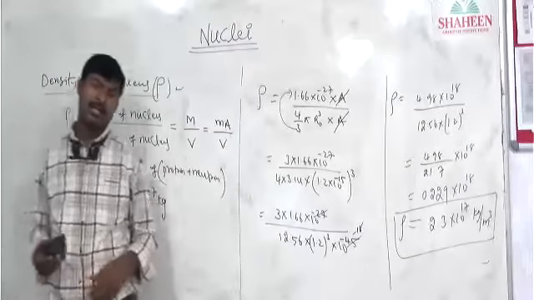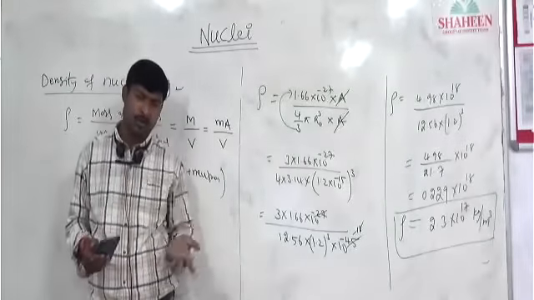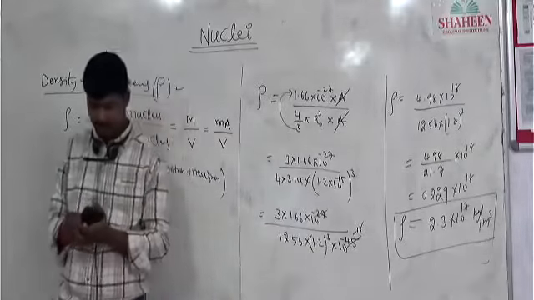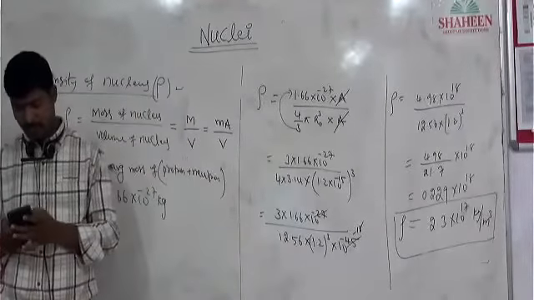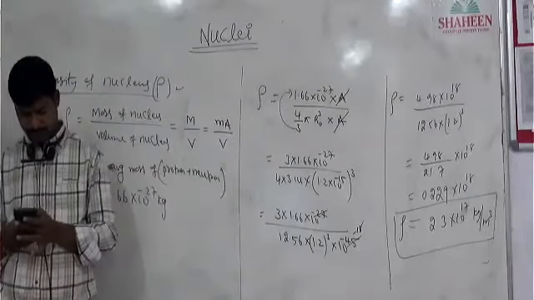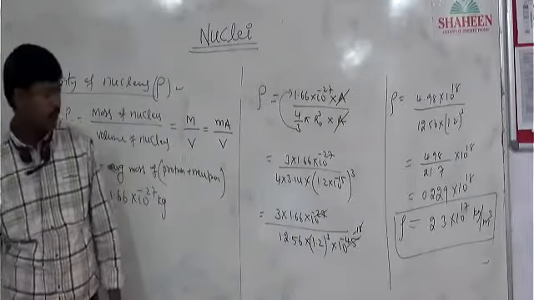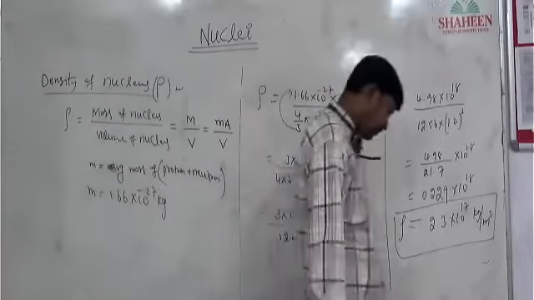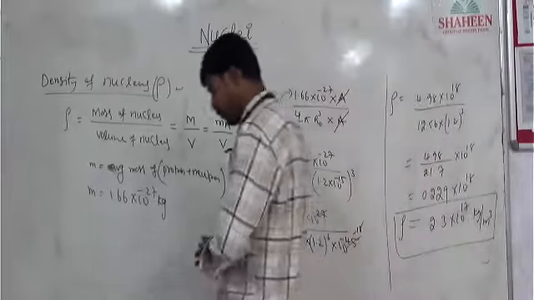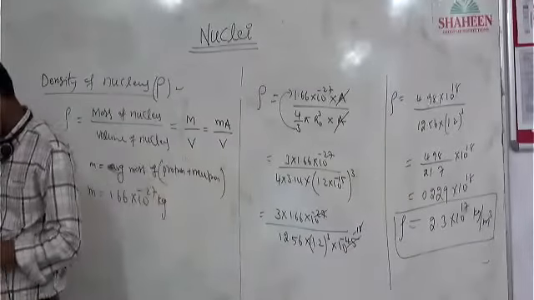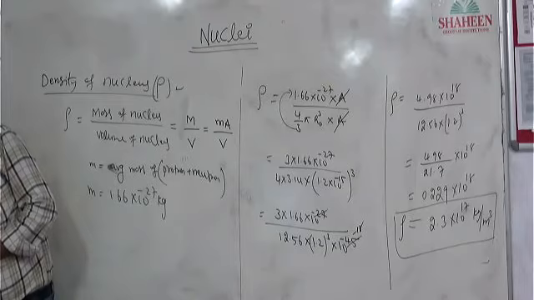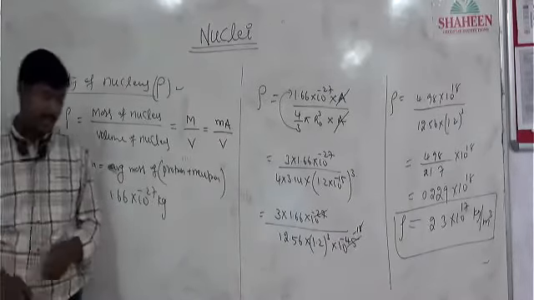You know, helium atomic mass number is 4, that is A is 4, and carbon is 12. Tell me, what is the ratio of density of helium to carbon? Helium mass number 4, carbon mass number 12. Tell me, what is the density ratio?